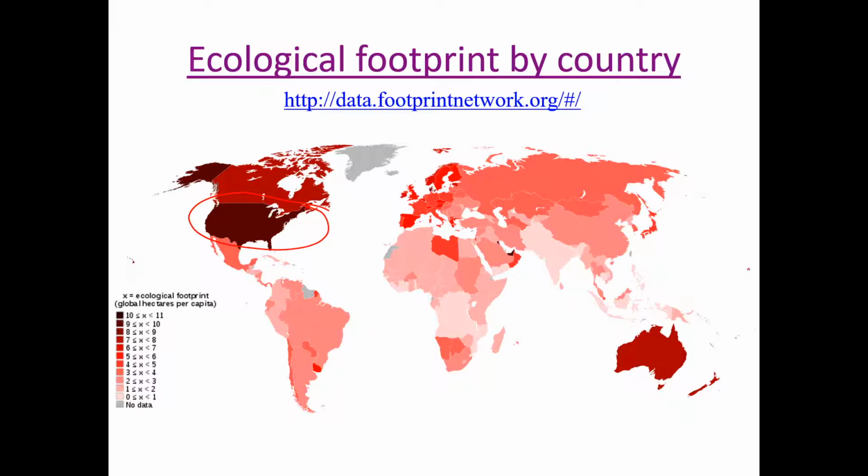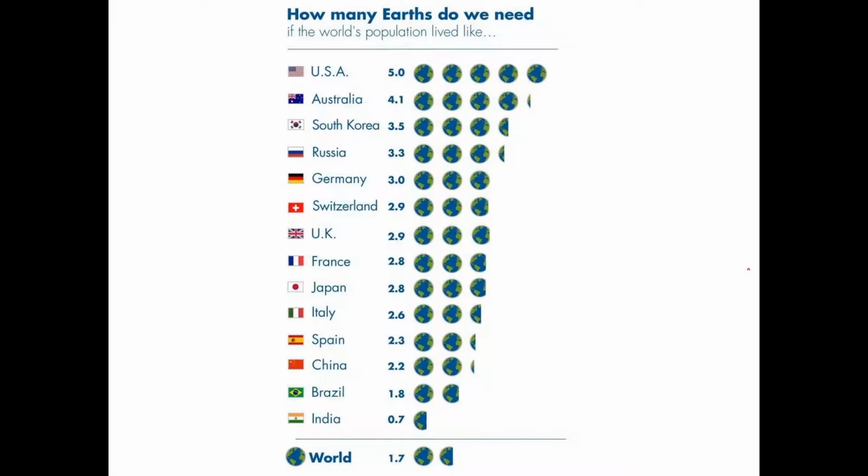There might be one or two countries that exceed us, but we're very up there in terms of our ecological footprint. Another way of looking at it is if everyone in the world lived like the average American, we would need 5 planets worth of resources to support us. So that shows us that the current American lifestyle is not sustainable. It can't be done by everybody because we only have one planet.